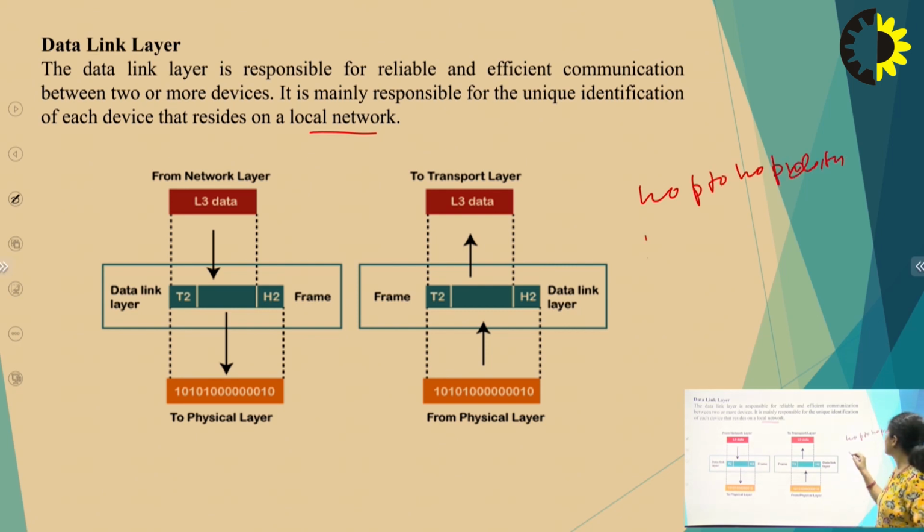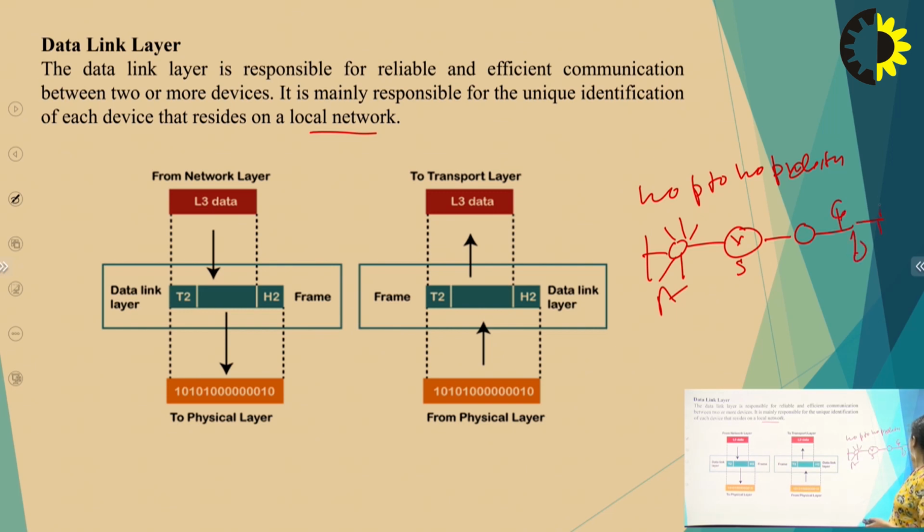Hop to hop means, if it is a topology connected, there is A, there is a router or a switch, let's suppose a switch, and it is connected to another device. So if A wants to communicate with B, the data link layer is responsible for the hop to hop transmission.